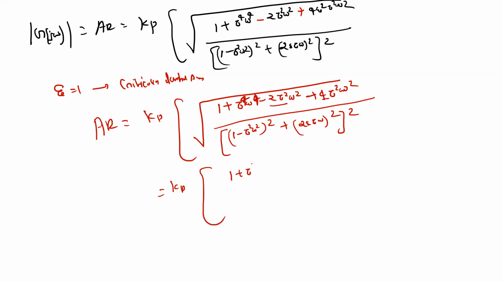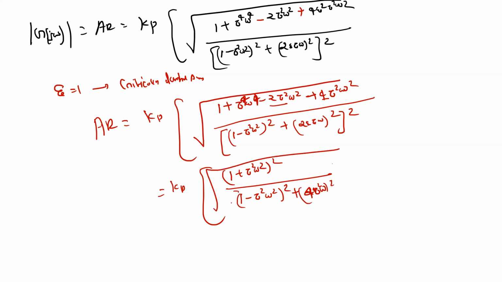So can I write 1 plus tau square omega square, this one is whole square, divided by 1 minus tau square omega square whole square plus 2 zeta tau omega whole square. Again, this one is 2 zeta tau omega square, so I can write 4 tau square omega square. And there is a root and this one is your whole square.